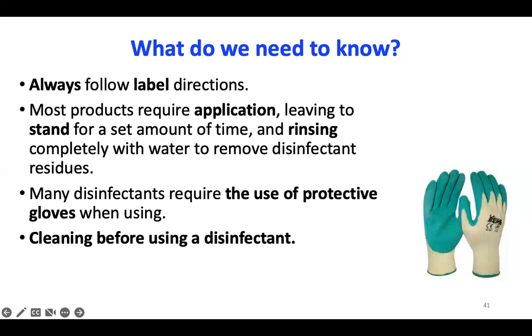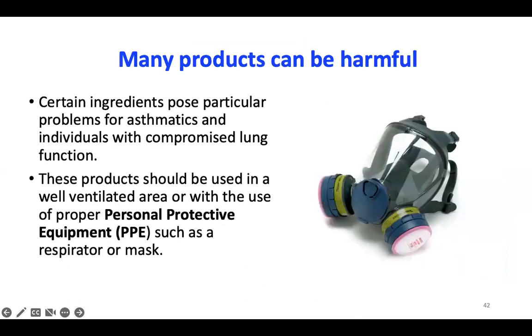Disinfectant products can be used in residential settings, schools, childcare facilities, and medical centers. Make sure you use those products safely and effectively, and follow the labels, and make sure you follow all the pesticide safety precautions there. So many products can be harmful when touched or inhaled. So certain ingredients pose particular problems for asthmatics and individuals with compromised lung functions.